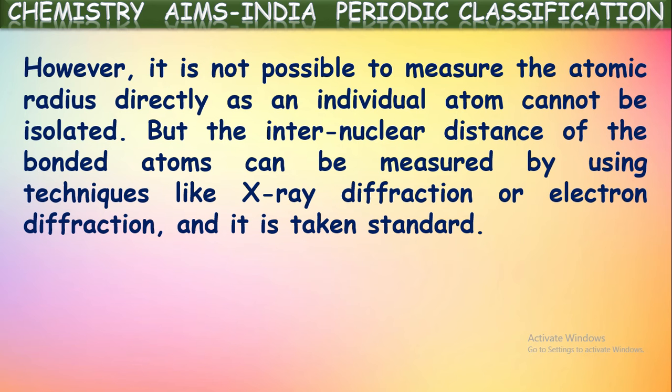The calculation of atomic radius is difficult because the size of the atoms is very small, and identifying these atoms with sensitive microscopes is also difficult. If we were able to isolate the atoms, we could calculate their radius, but that is not possible.